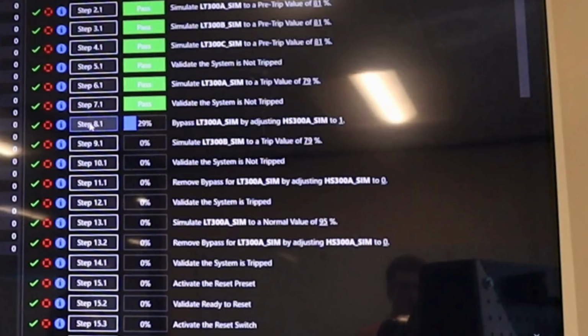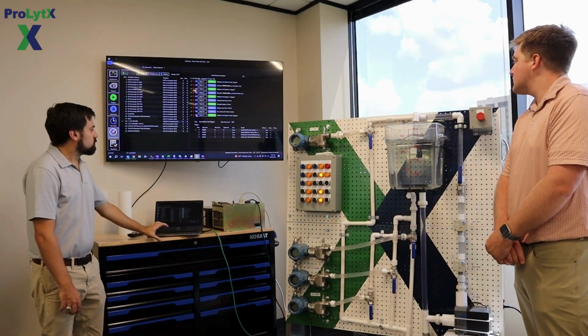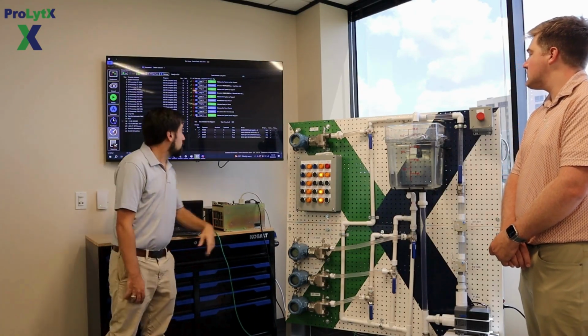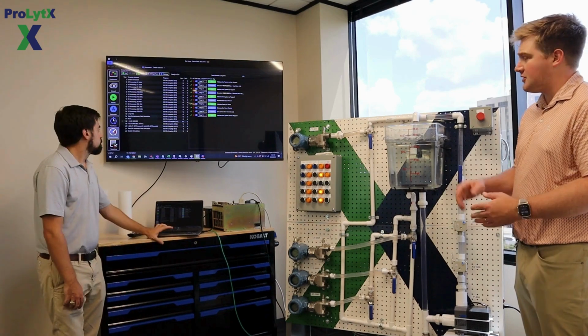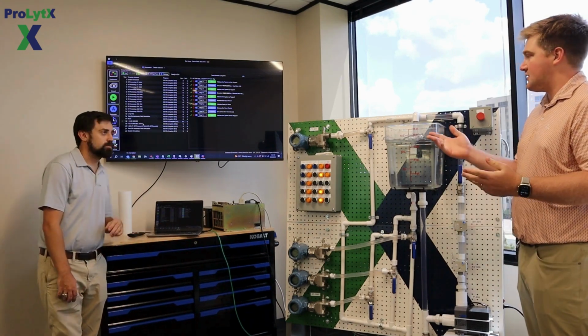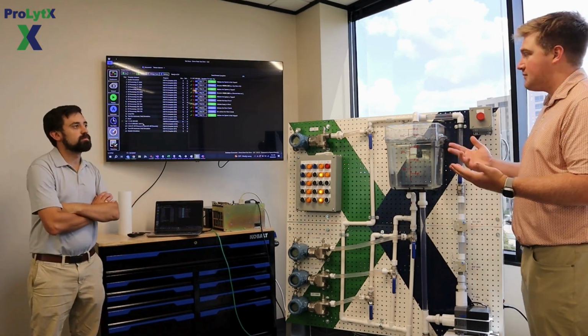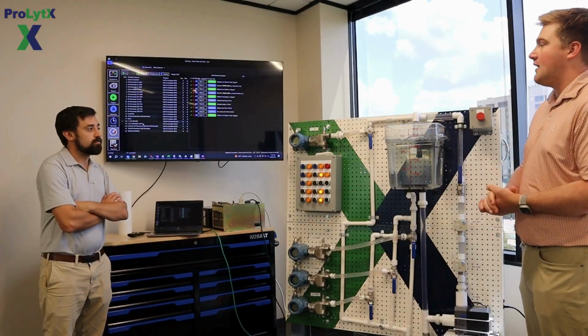Yep. And next thing we're going to do is validate that the system's not tripped again. We see that both valves are now true and the motor is true as well. So the run status came on, so we're good to go on that. Okay, very cool. So this highlights a commonly seen discrete 1-out-of-1 ESD shutdown at the plant level.